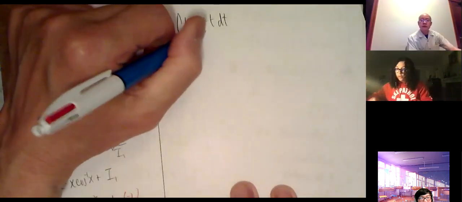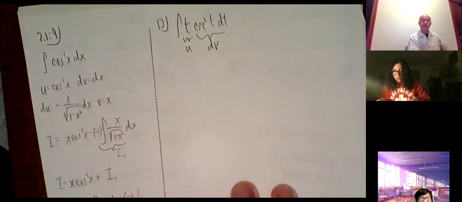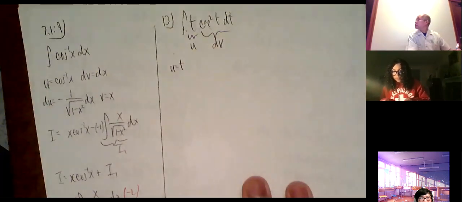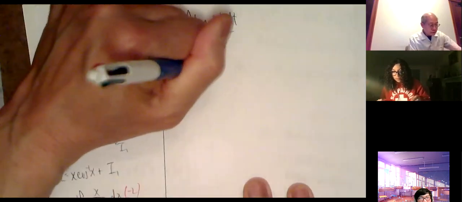Integral of t cosine squared t dt. u equals t, dv equals cosecant squared dt.